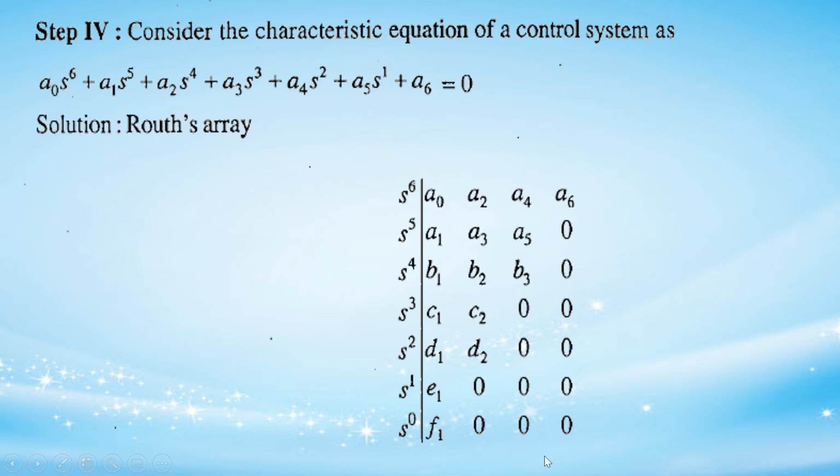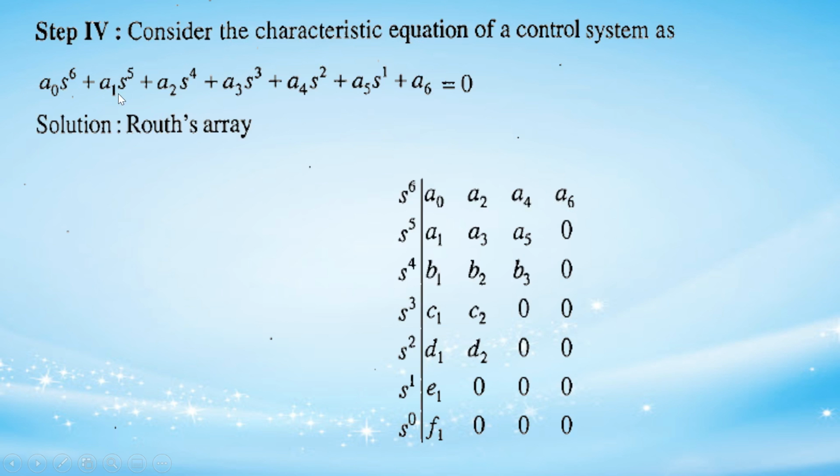This is one example where the characteristic equation is given. The first power is s to the power of 6, which is an even power, so write the coefficients of all the even powers: s to the power of 6, s to the power of 4, s to the power of 2 and the constant term a6. So the coefficients are a0, a2, a4 and a6.